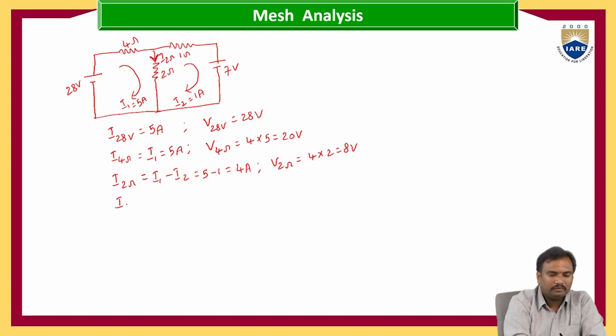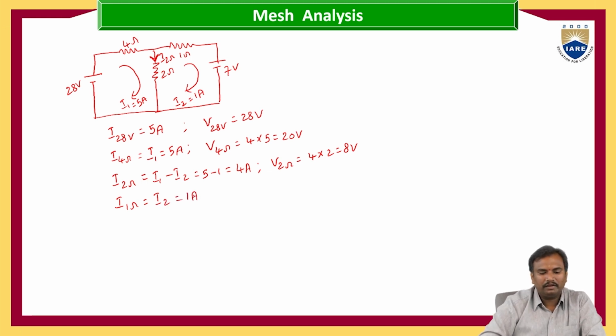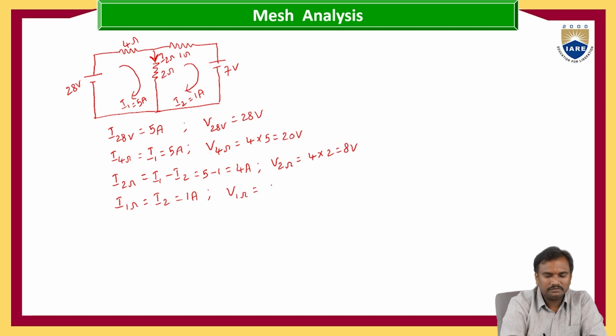Current flowing through 1 ohm: only one current is flowing in the 1 ohm, that is I2 current, that is equals to 1 ampere, and voltage across 1 ohm is equals to 1 into 1, that is equals to 1 volt. The current across 7 volts is 1 ampere.